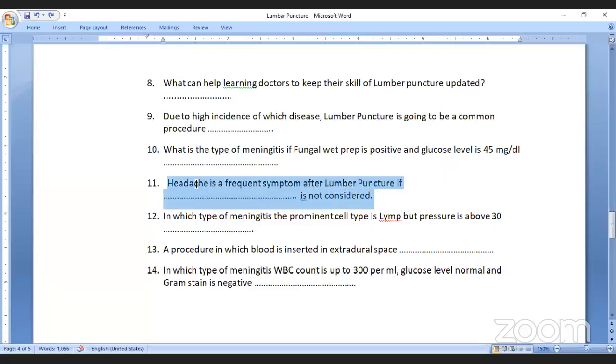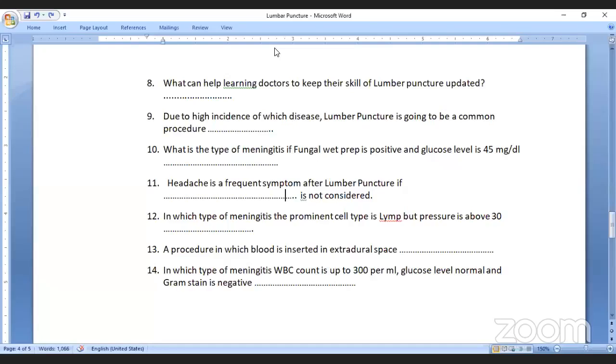So question number 11: headache is a frequent symptom after lumbar puncture if dash is not considered. In which text is it possible to find the answer? Write in the chat, please.